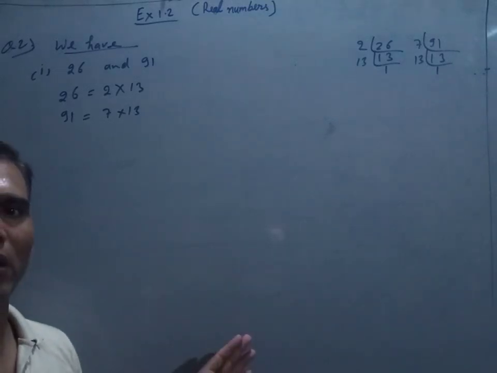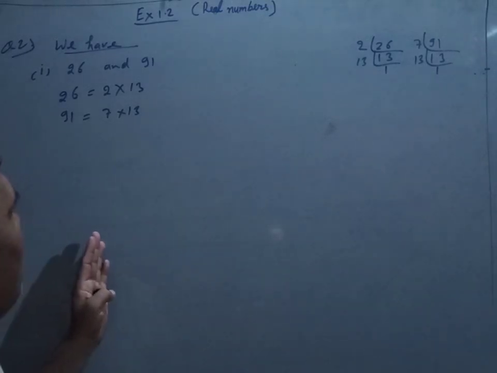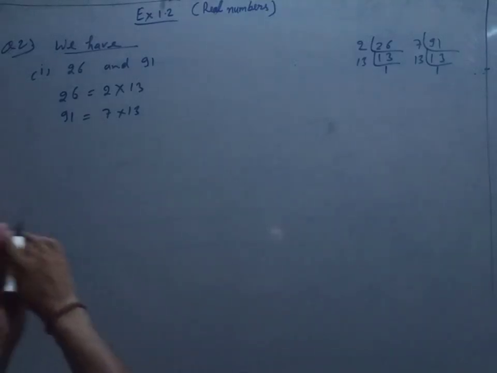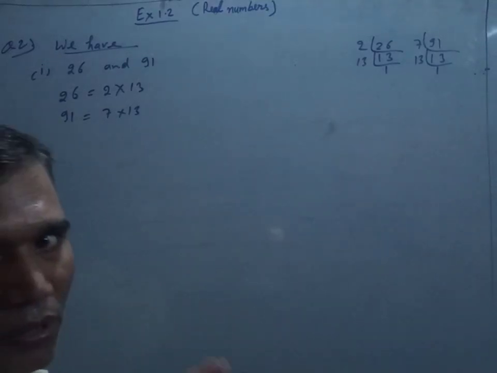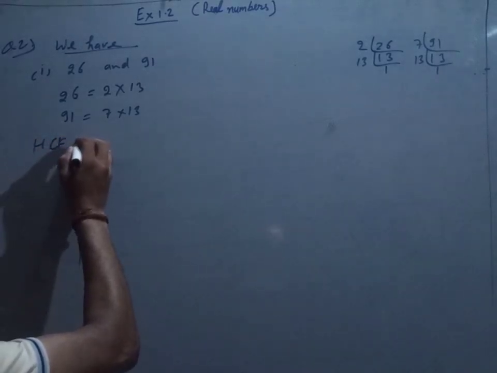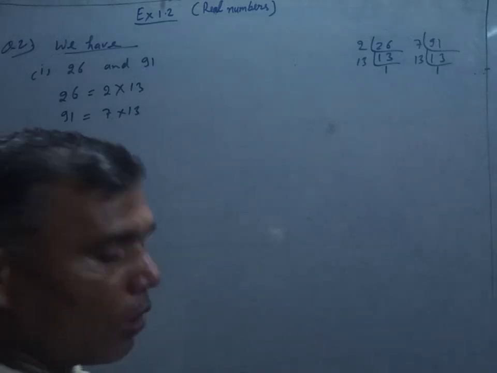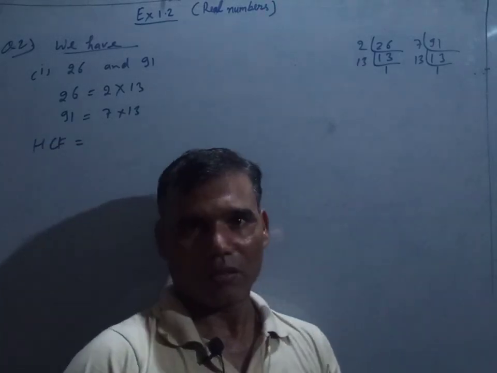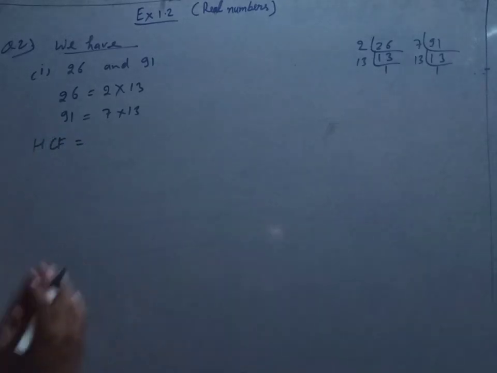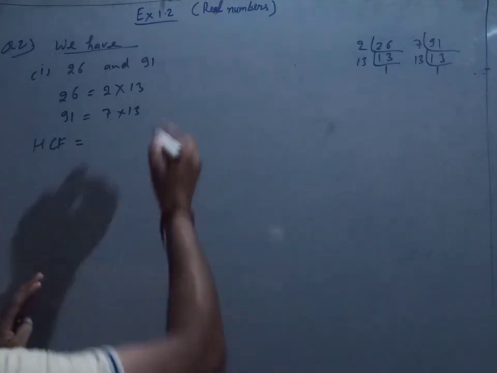Okay, friends, 26 you can express as 2 multiplied by 13, and 91 is equal to 7 multiplied by 13. So now HCF, by the definition of HCF, is the largest common factor. Students, which is the common prime factor?